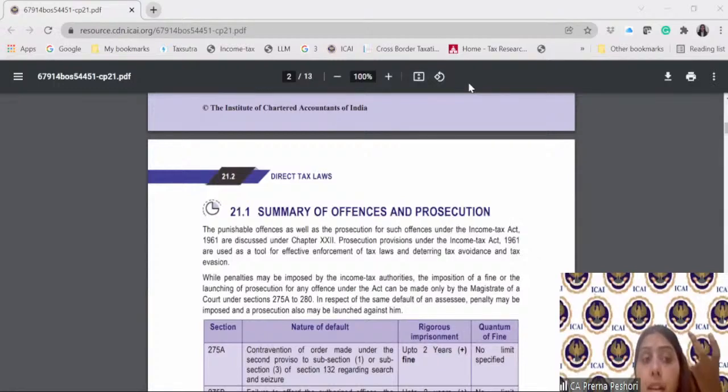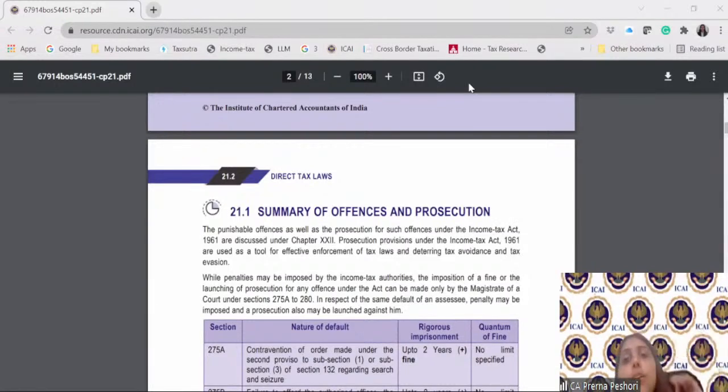He can break the door, right? He can seize any books of accounts. He can place the identification marks. And the other person, in whose premises the search is conducted, has to allow him. Similar was 132(3), where the person who was having possession or control of the documents, money, bullion, jewelry, shall not remove it or part with it, right?